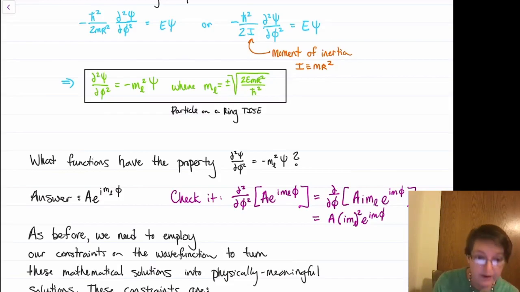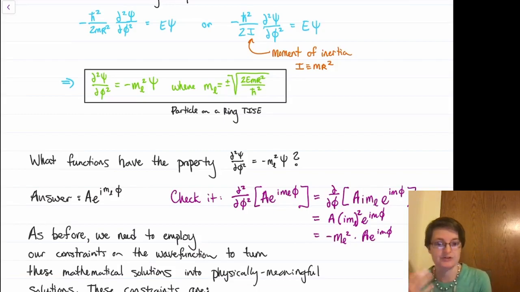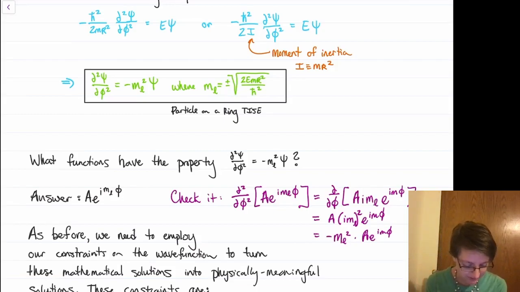Now, i squared is equal to -1, and so that means this is equal to negative m_l squared times our original function itself. And so that means that the second derivative of this function is equal to negative m_l squared times the function. We're good to go. This is a valid solution to Schrodinger's equation.